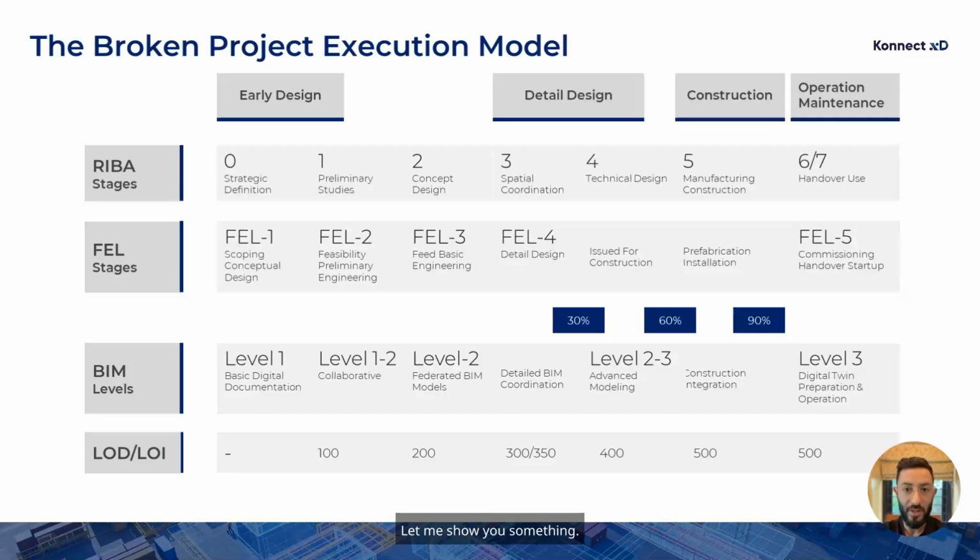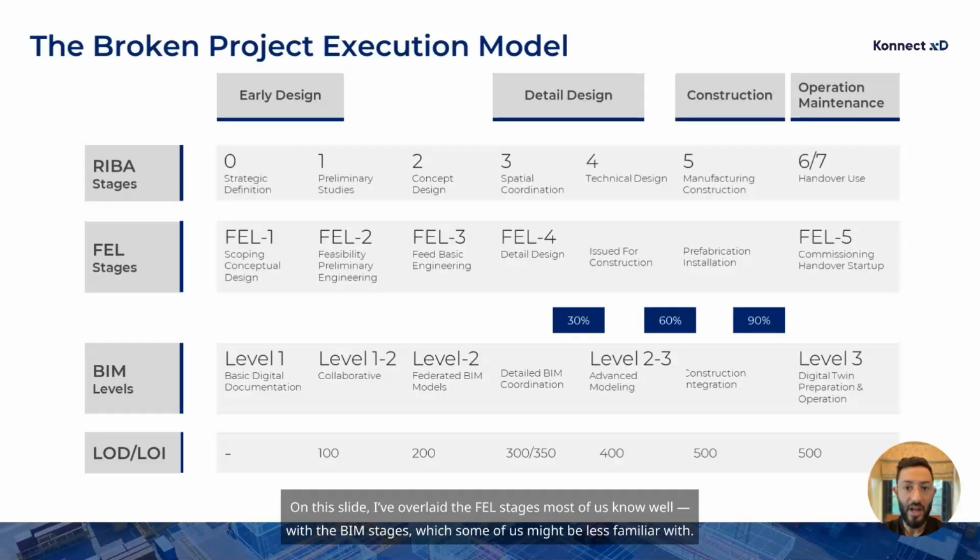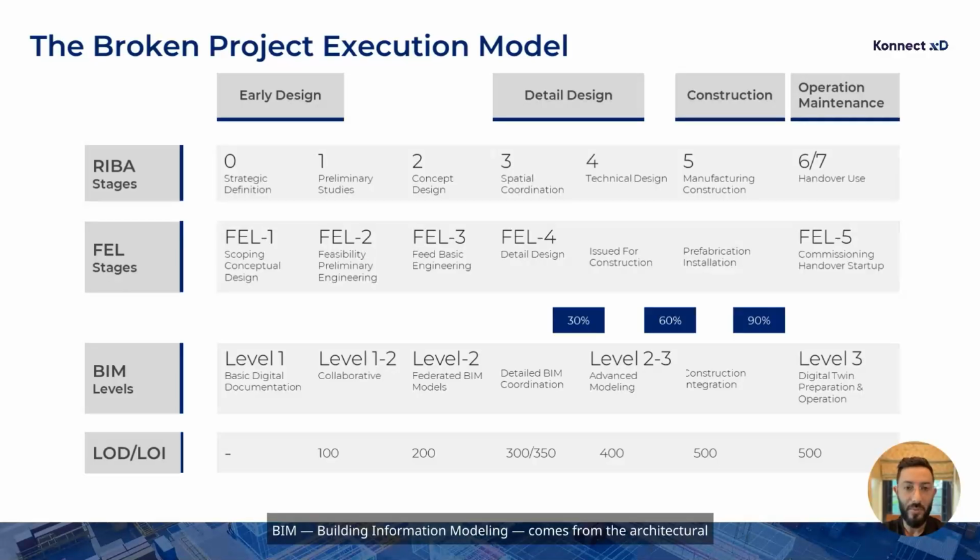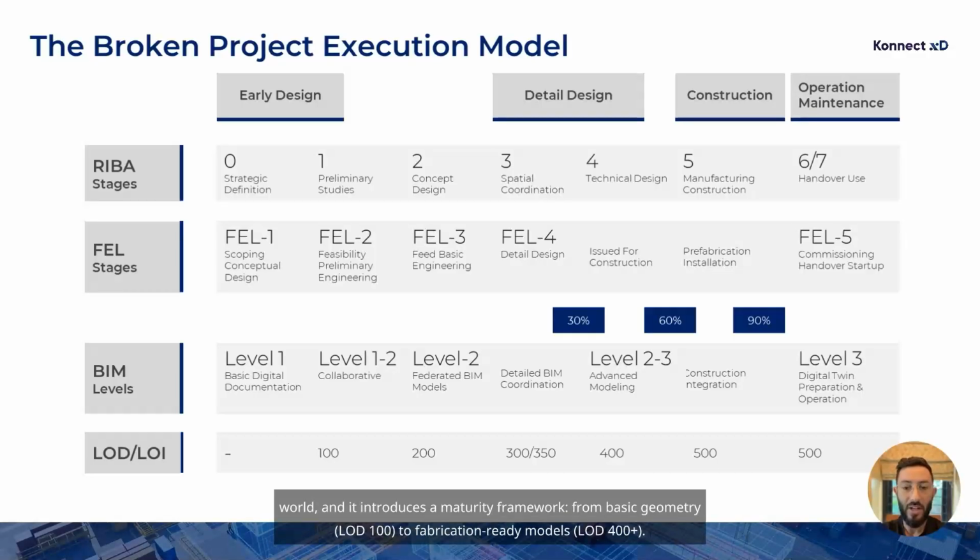Let me show you something. On this slide, I've overlaid the FEL stages most of us know well, with the BIM stages, which some of us might be less familiar with. BIM, Building Information Modeling, comes from the architectural world, and it introduces a maturity framework, from basic geometry, LOD 100, to fabrication-ready models, LOD 400+.